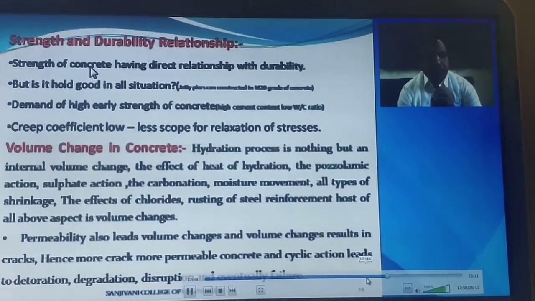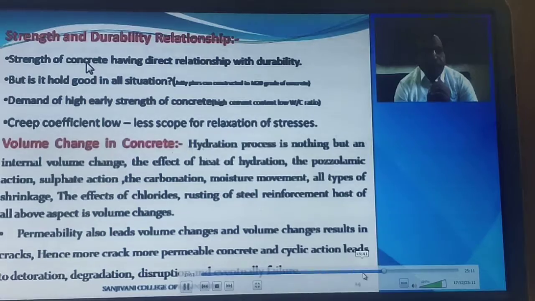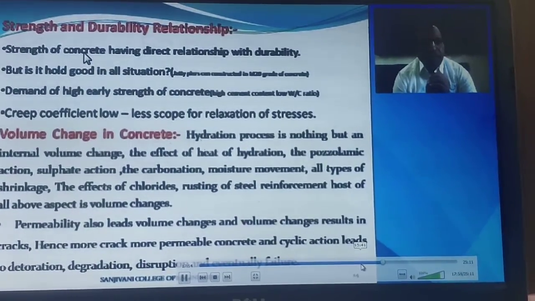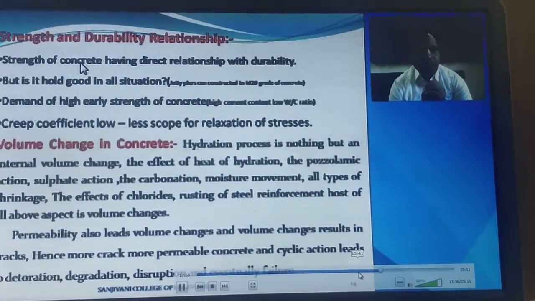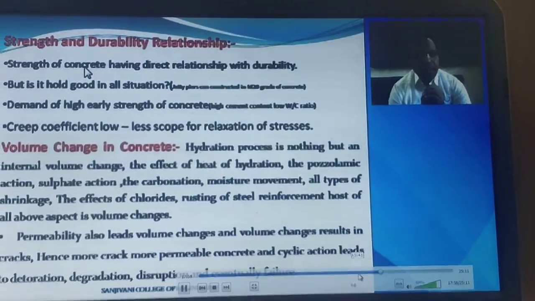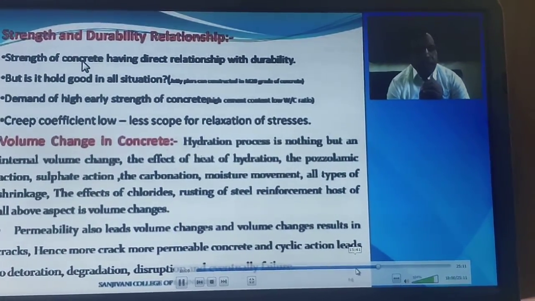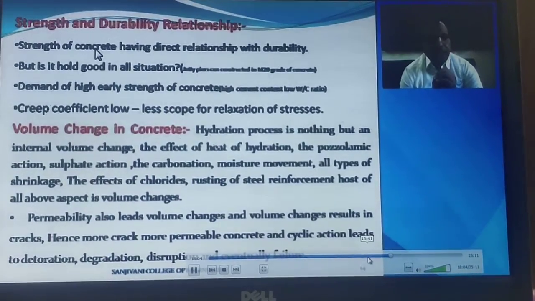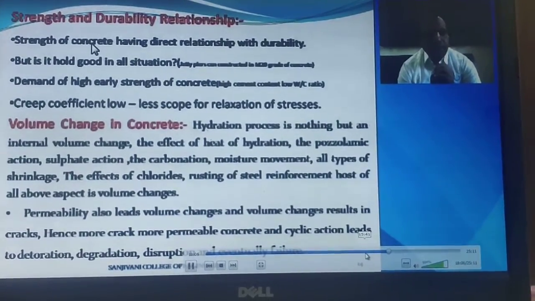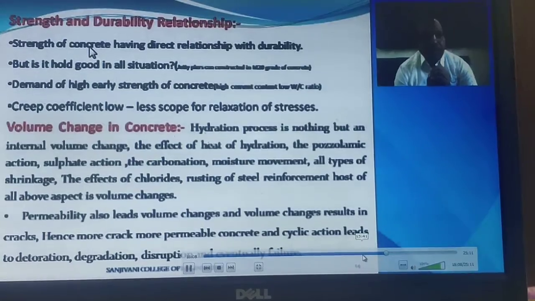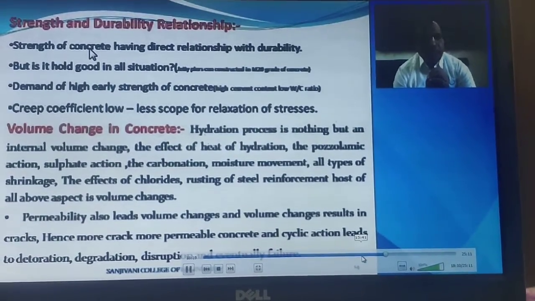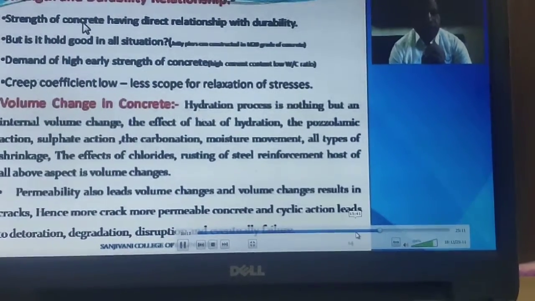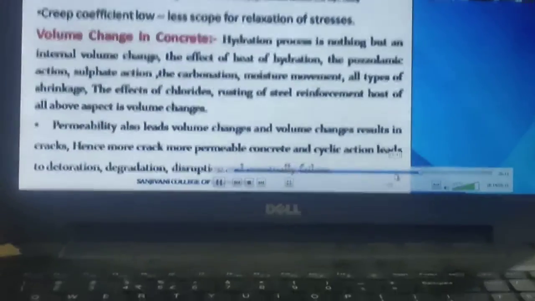In high cement content, the creep coefficient of the concrete decreases. If the creep coefficient decreases, there is less scope for relaxation of stresses. So stress relaxation is not possible. In order to overcome this, we have to incorporate reinforcement into the concrete.